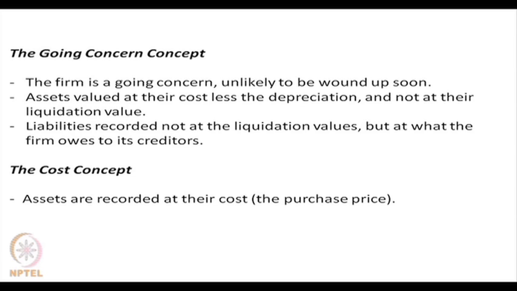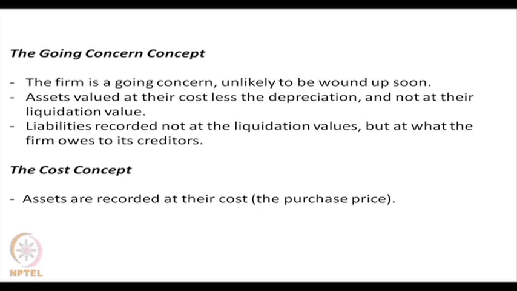This also we have already taken up when we took up the double entry bookkeeping system, the going concern concept. The firm is a going concern, unlikely to be wound up soon. The implication is that assets are valued at their cost less the accumulated depreciation. That means, a particular asset may have been bought 5 years ago, and we can charge a certain amount of depreciation every year.